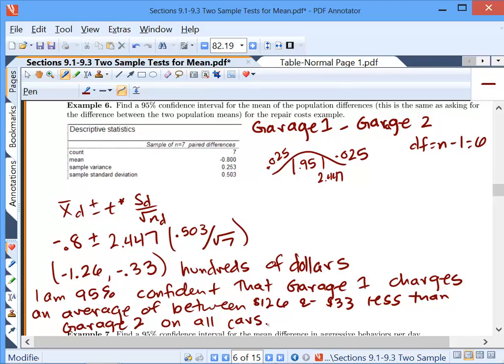Okay, so on average, we're 95% confident the garage 1 charges somewhere between $126 and $33 less than garage 2.